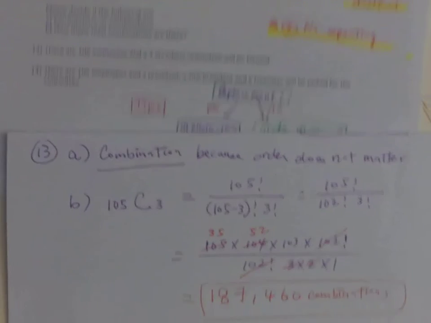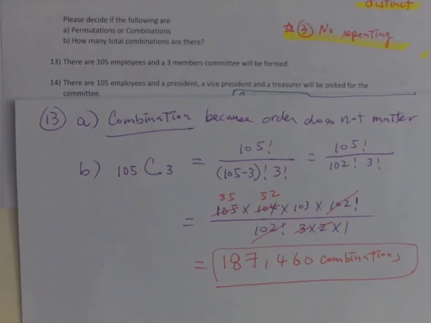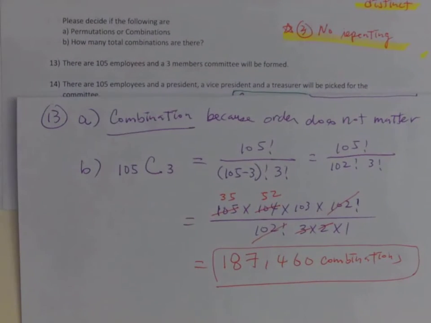One more question. Last one. Number 14. We have 105 employees, and the president, vice president, and treasurer will be picked from the committee. So this time the order seems to matter, right? Because they actually have a specific job for each of the 3 members.